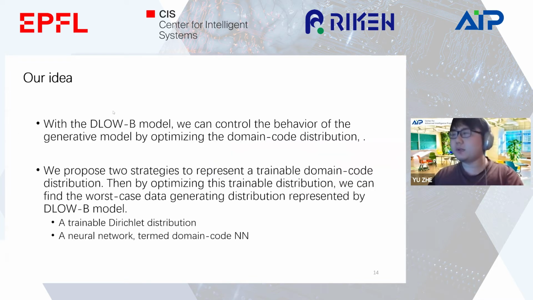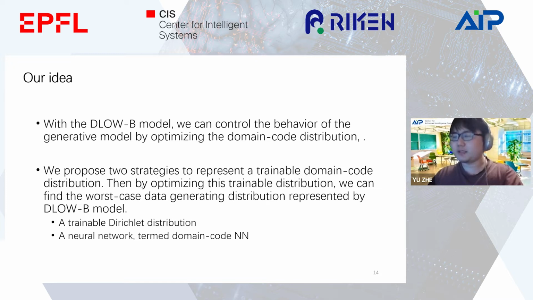With the DLO-B model, now we can control the behavior of the generative models by optimizing the domain code distributions. We propose two strategies to represent our trainable domain code distributions. Then, by optimizing these trainable distributions, we can find the worst case data generating distributions represented by the DLO-B models.